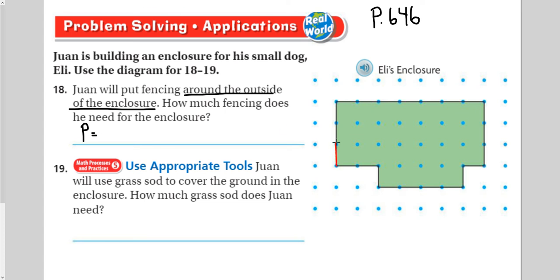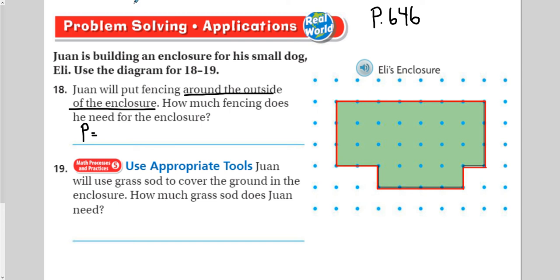So counting here, we'd have 1, 2, 3, 4, 5, 6, 7, 8, 9, 10, 11, 12, 13, 14, 15, 16, 17, 18, 19, 20, 21, and 22.